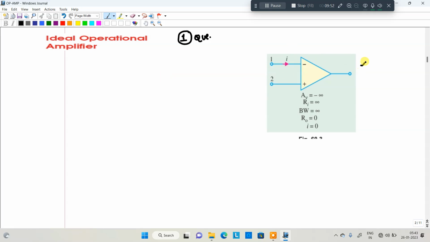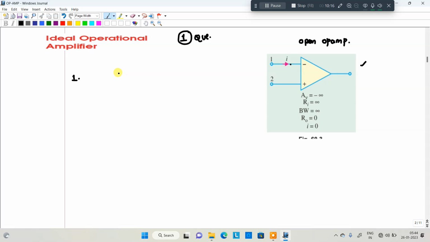This is the operational amplifier, right? Is there any feedback between input and output? There is no feedback. In that case, this op amp is called an open loop op amp, and we are going to discuss its characteristics.